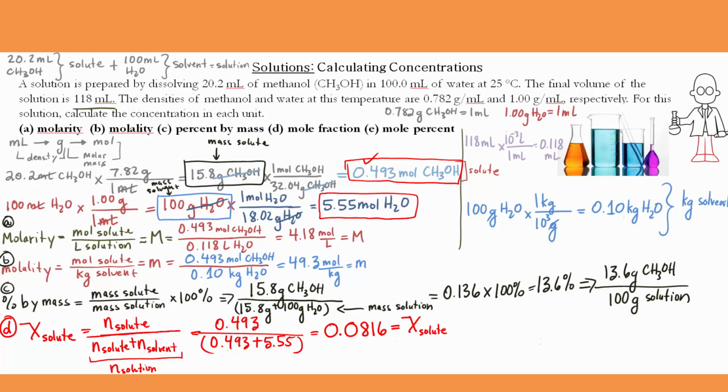Now to find part E, we take the mole fraction 0.0816, multiply that by 100%, and that is equal to 8.16%, and this is our mole percent.